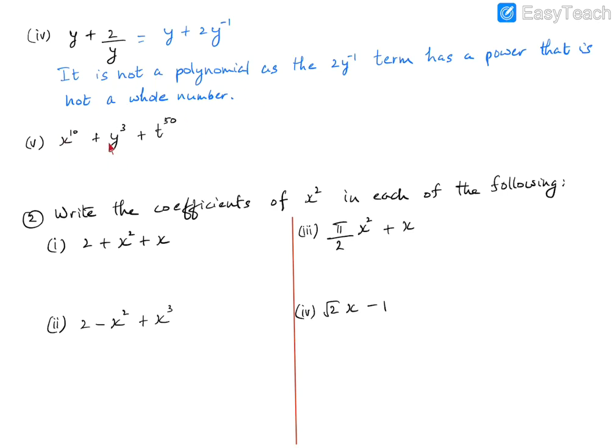Coming to the fifth expression, x power 10 plus y power 3 plus t power 50. Clearly all the terms have a power which are whole numbers. So 10 is a whole number, the power of y is 3, that's also a whole number, and the power of t is 50, that's also a whole number. However, we have three variables: x, y, and a third variable t. So this is a polynomial, but it is not a polynomial in one variable.